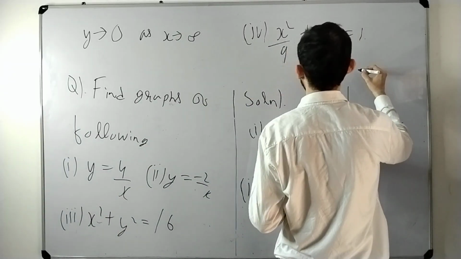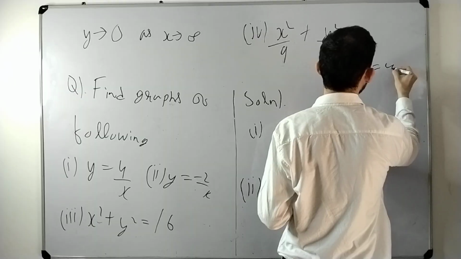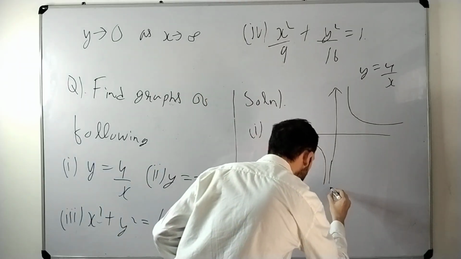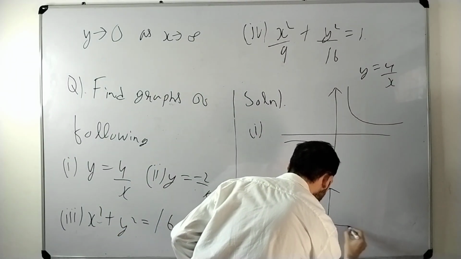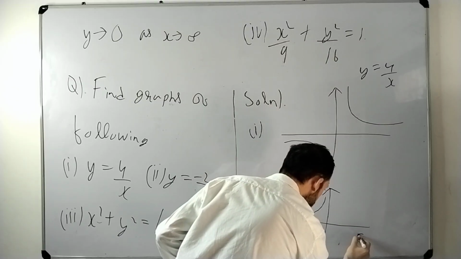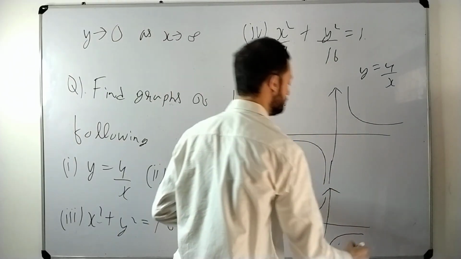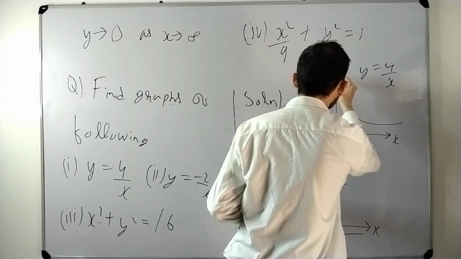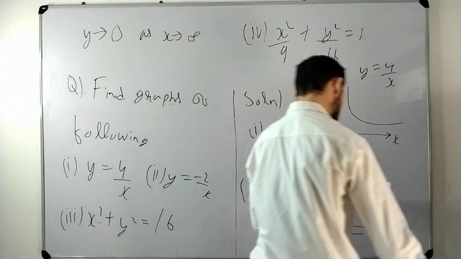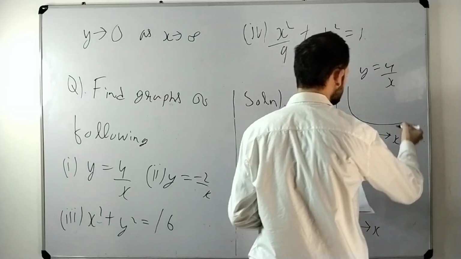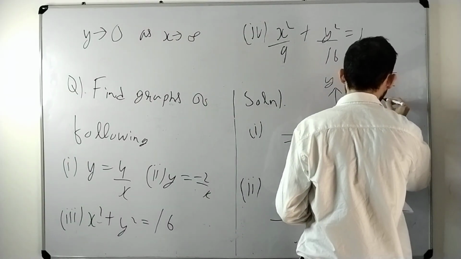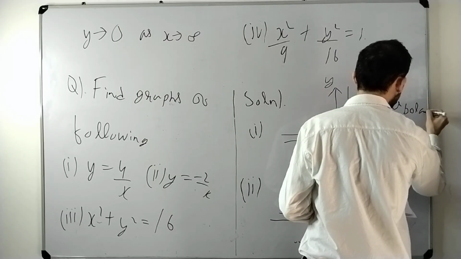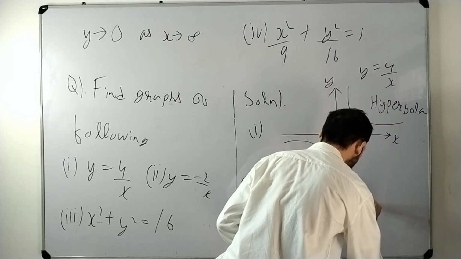Second, y happens to be 4 by x. Then the second graph is this. This is x, this is y. The next part, both are hyperbola. And the second is also a hyperbola.